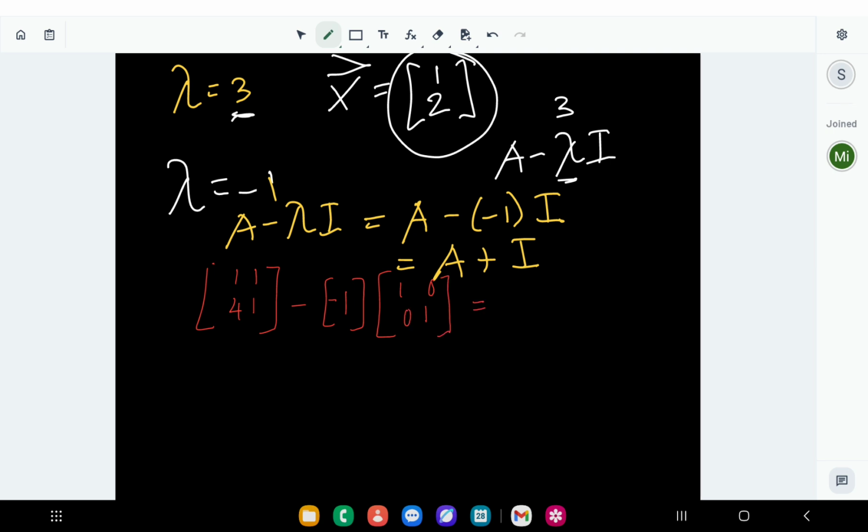Then whatever you get from there, if the bottom is not 0, you use the elementary operation. And you have 1, 4, 1, 4.